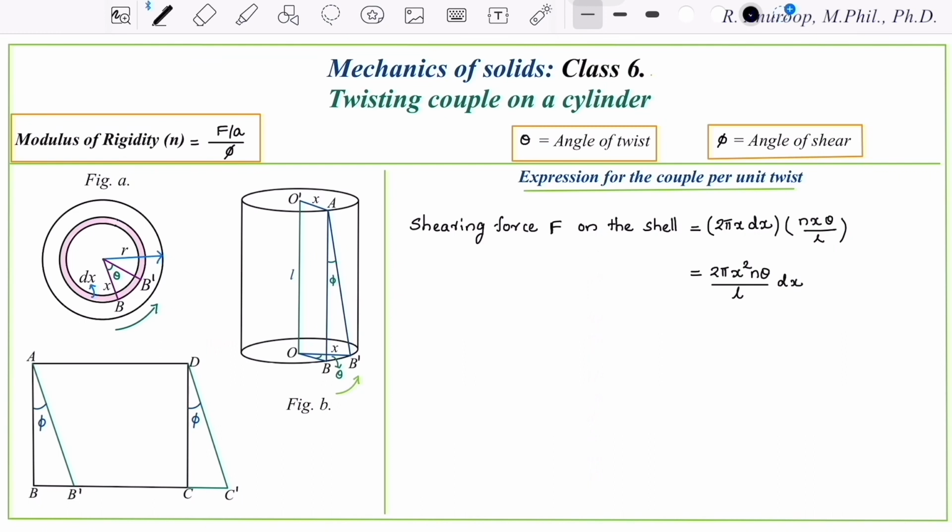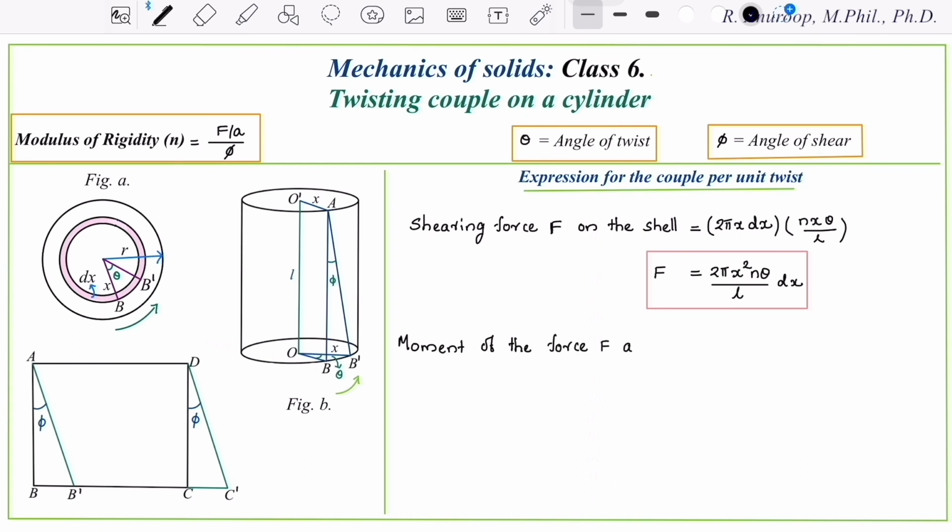Now let us find out the moment of the force about the axis of rotation. How to find out the moment of the force about the axis of rotation? Here the axis of rotation is O dash, that is equal to L, and the distance from the action of the force to the axis of rotation is x. So basically moment is the force into the perpendicular distance. Here the perpendicular distance is x.